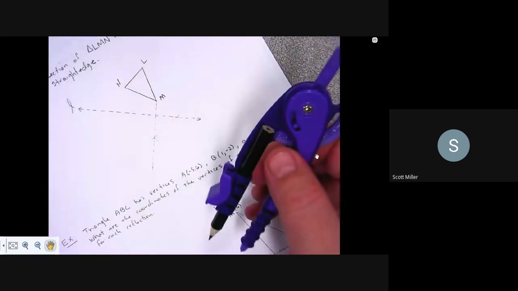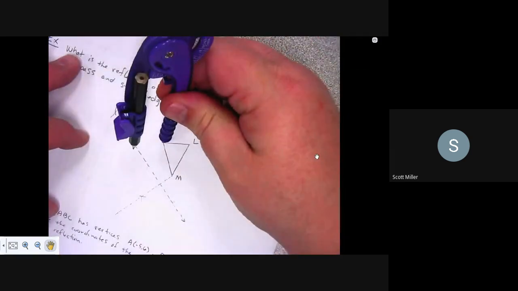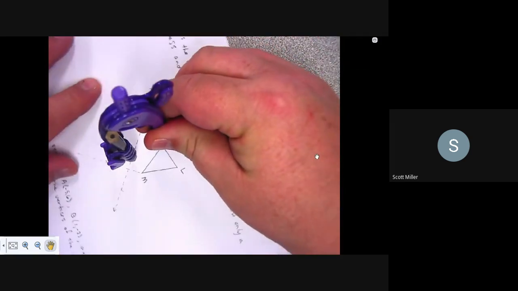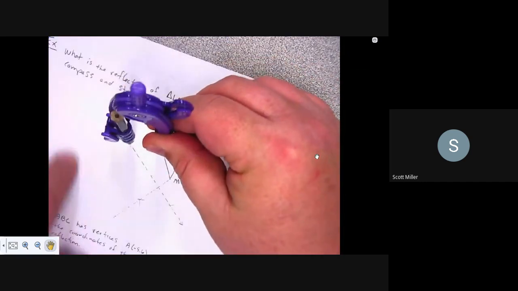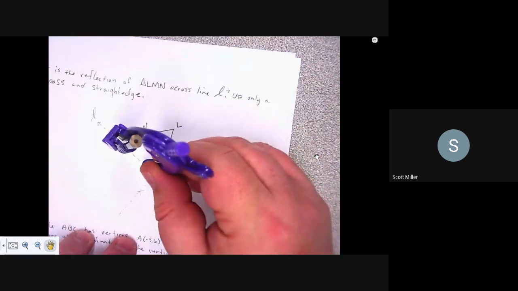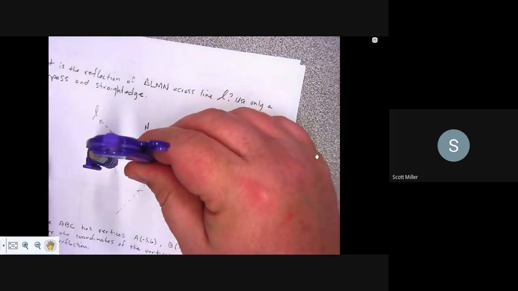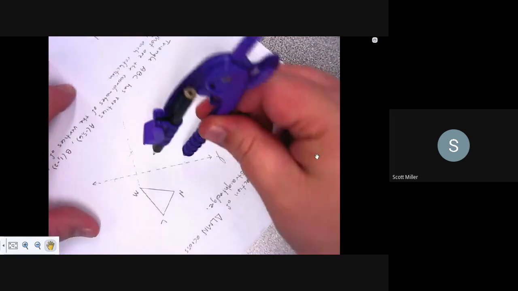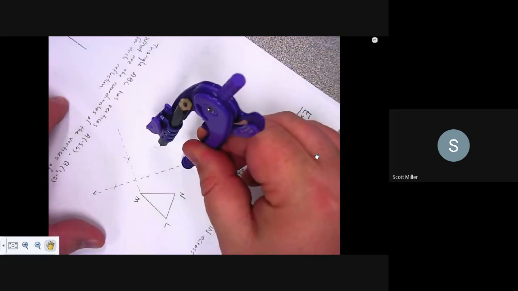to draw all of those lines, and then we can find where the new points are going to be. So let's do N. There and there. And then come over here, and that'll work well. So I'll do a mark down here. Hopefully you guys can see what I'm doing. And I can do a mark up there.